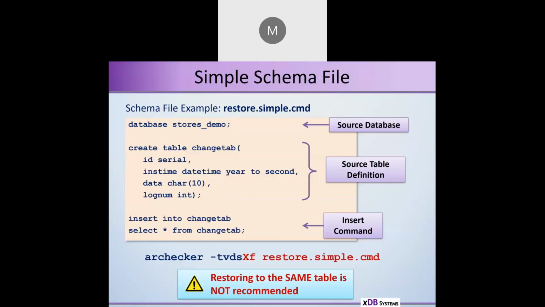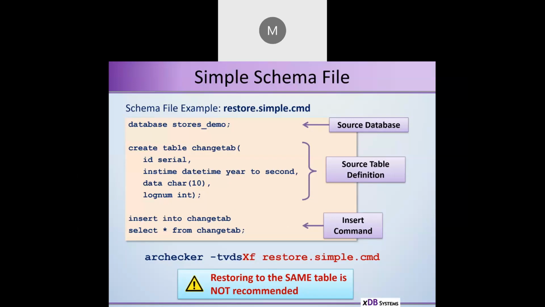So here's an example of a very simple command file or schema file. It's got three things in it. We're starting with the database where the table lives, and the schema of that table. This is important so archecker knows how the data is organized when it goes through the restore.